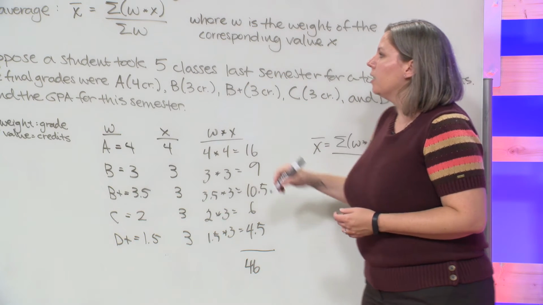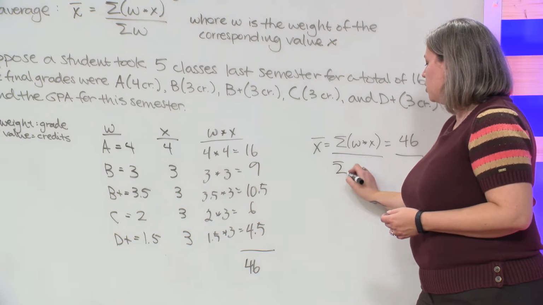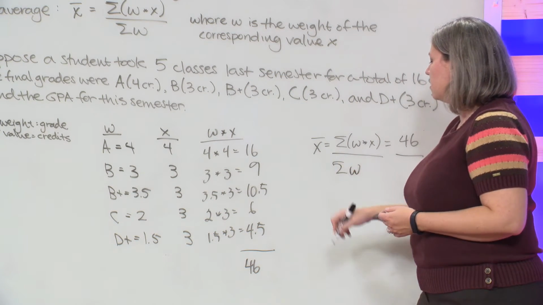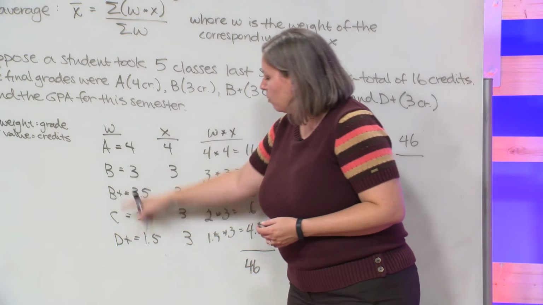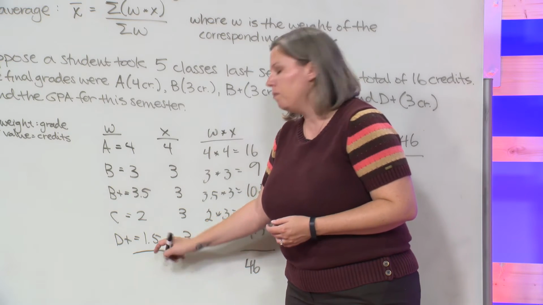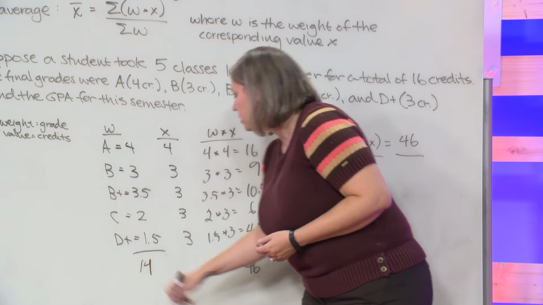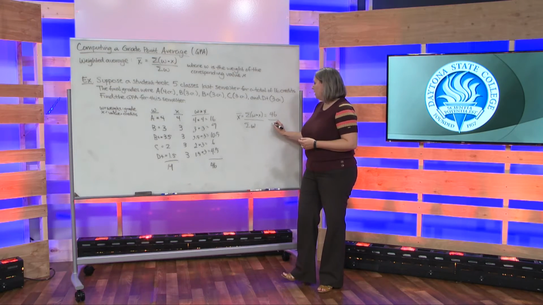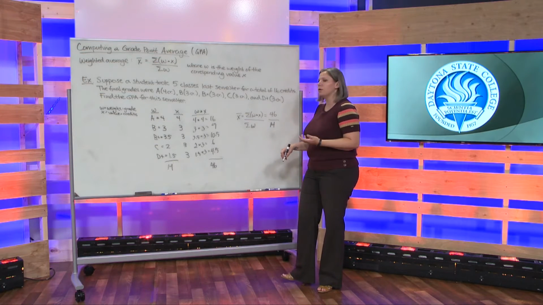The denominator is just the summation of the weights. So if I go to my W column and add all these values up, I actually get 14. So again, the denominator is the sum of the weights, which we just found to be 14.